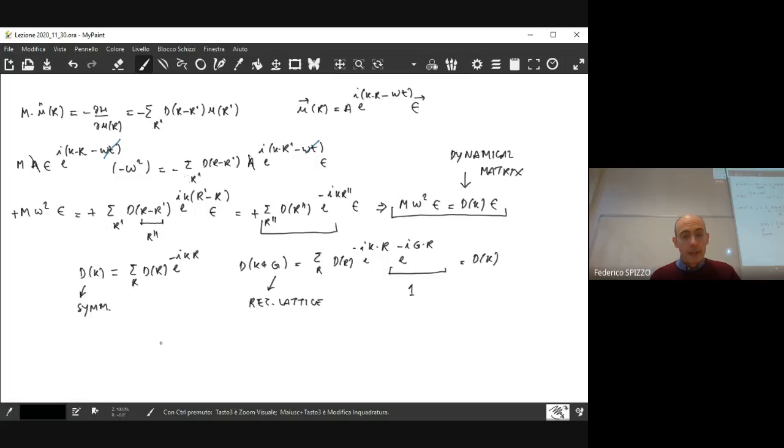And the final point is that this is exactly the same symmetry that was observed for the energy of the electrons. And due to that symmetry, we had the opportunity to discuss the problem just in the first Brillouin zone. As the dynamical matrix has exactly the same symmetry, we end up with the same conclusion.